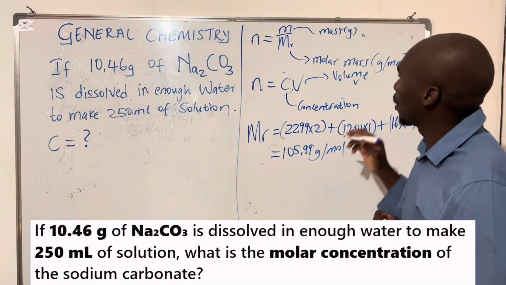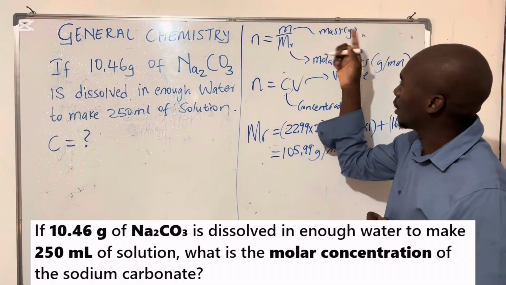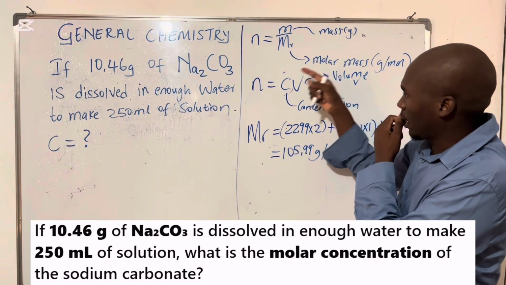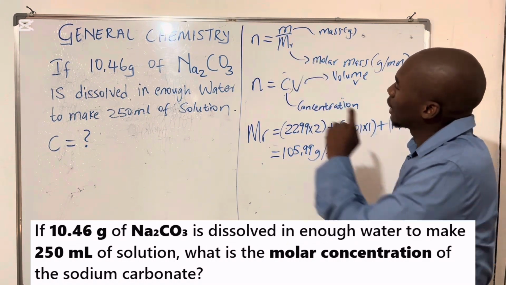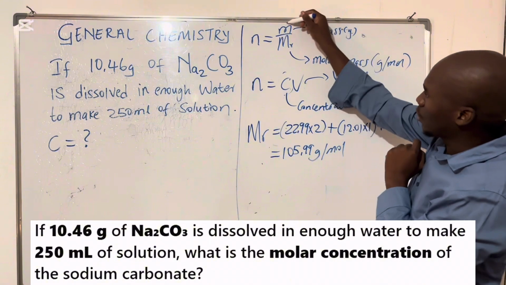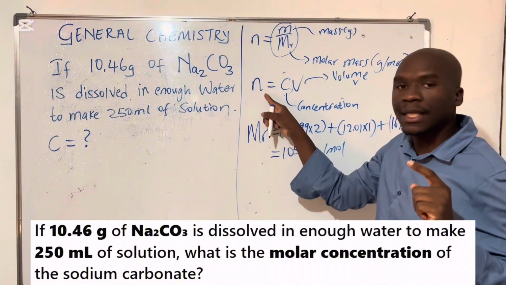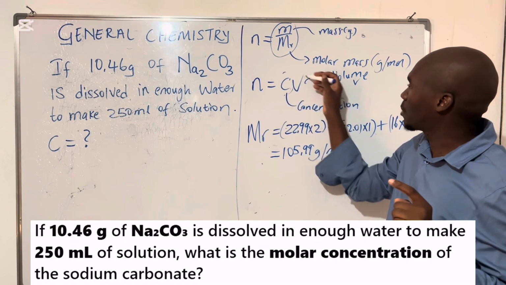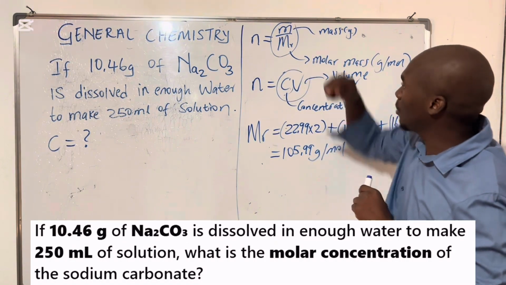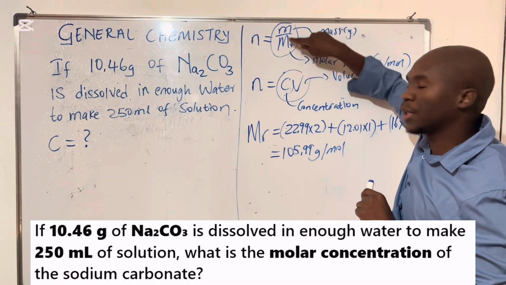So now, if you relate these two equations, if N is equal to this part, and the same N is also equal to this part, it simply means that these two must be equal.